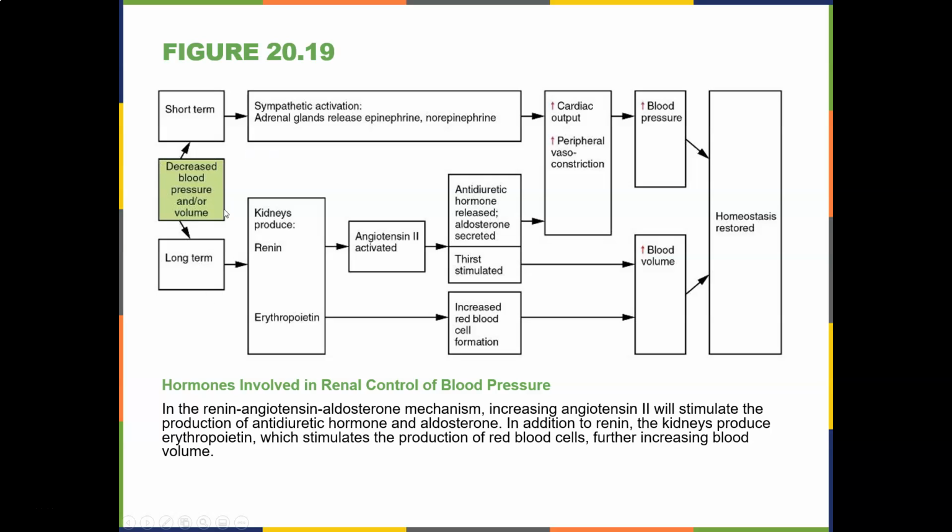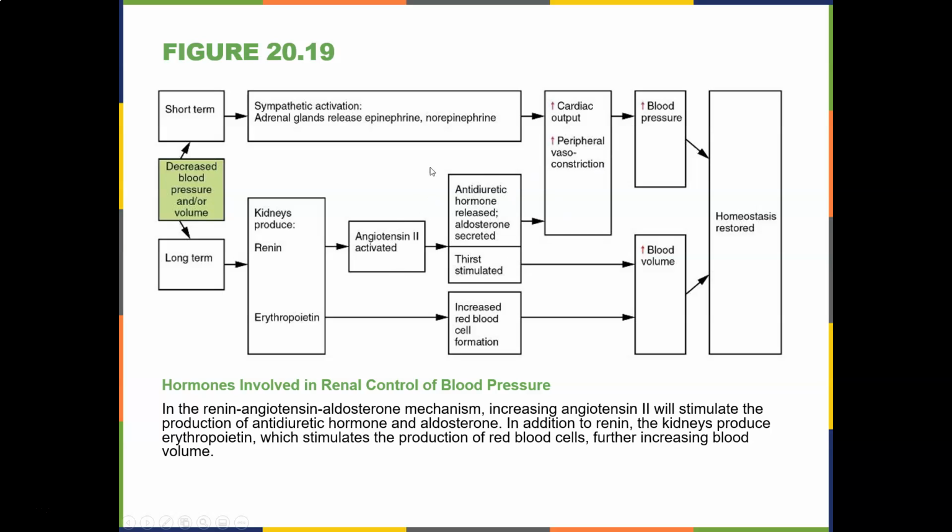In the long term, so that's just the short-term fix. In the long term, your kidneys will produce renin, and the renin will go in and activate angiotensin II. And then what's going to happen is antidiuretic hormone is released and aldosterone is secreted. And if that's the case, then you get increased cardiac output, peripheral vasoconstriction, and blood pressure.